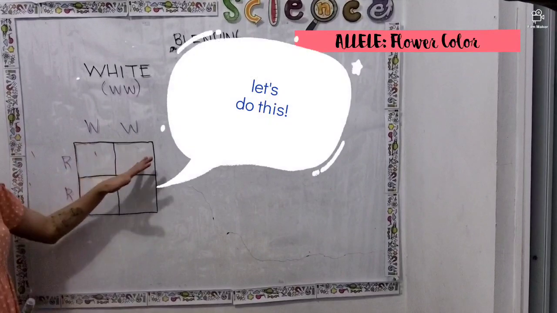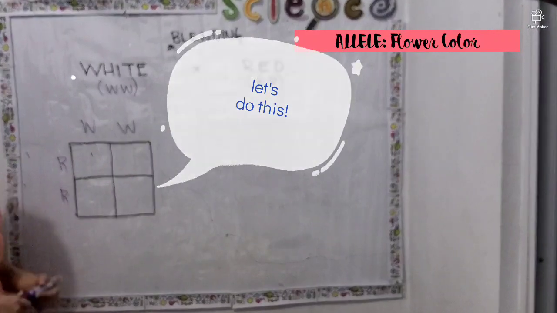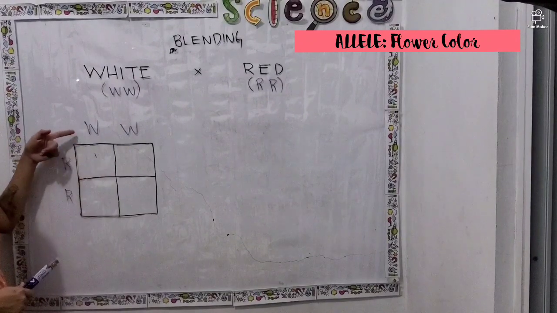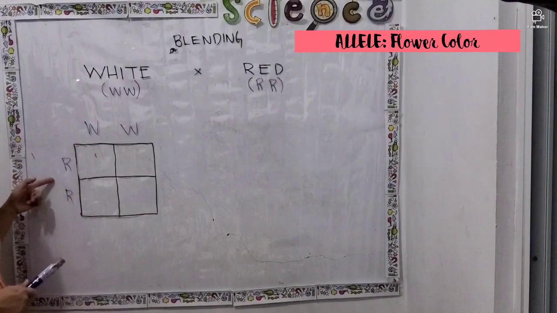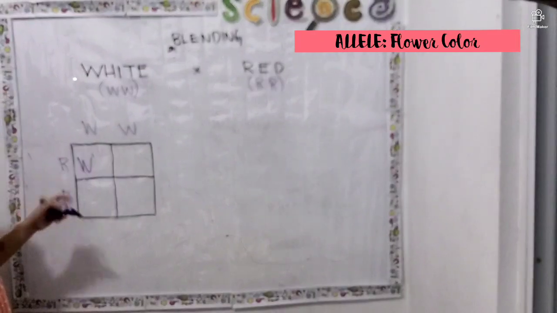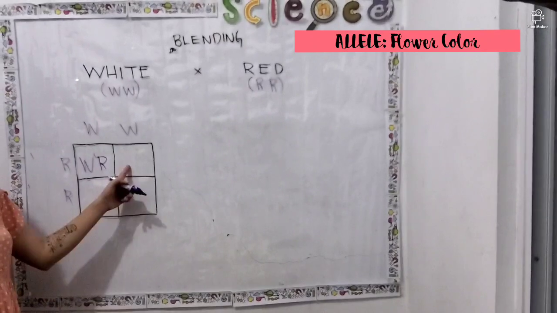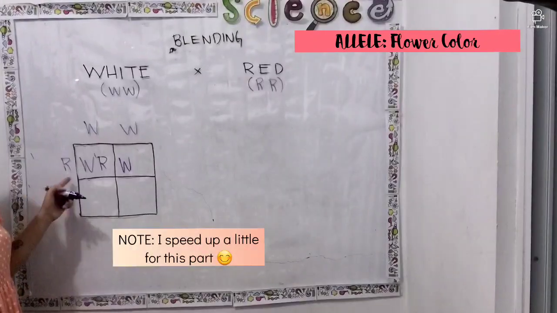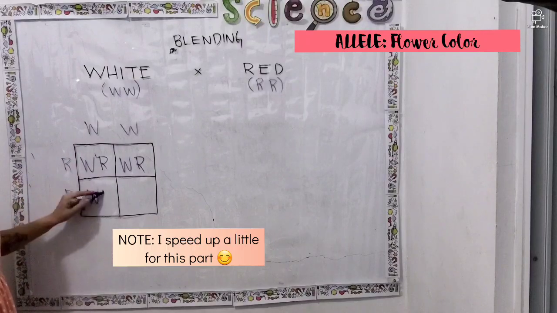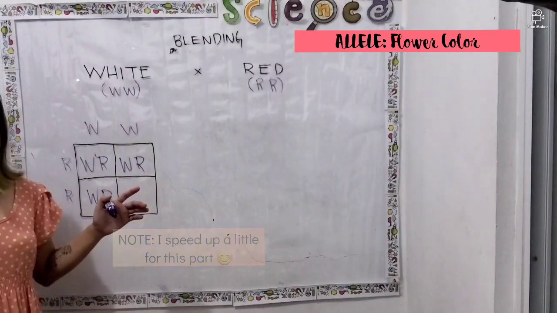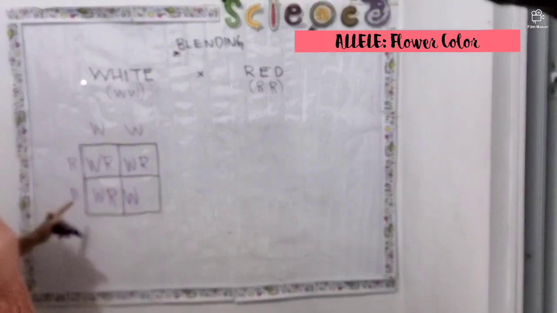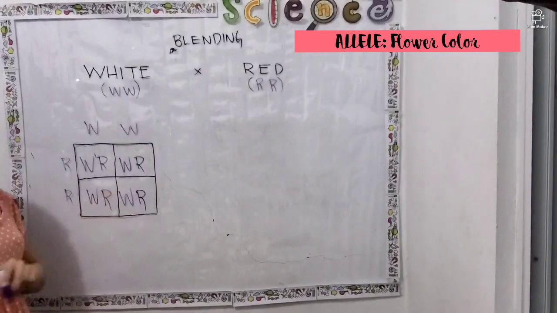Now, lagyan na natin ng laman yung Punnett square natin. So, on the first box, the answer is coming again from the letter from the top and the letter from its side. So, yung nasa taas natin is W, yung nasa tabi natin is R. So, we have W at the top and R on its side.